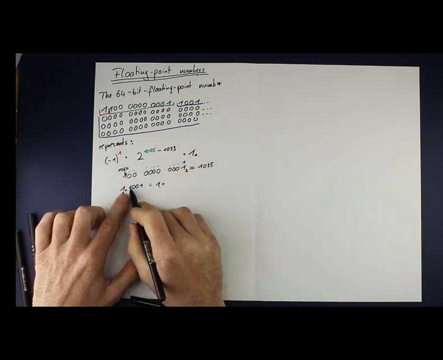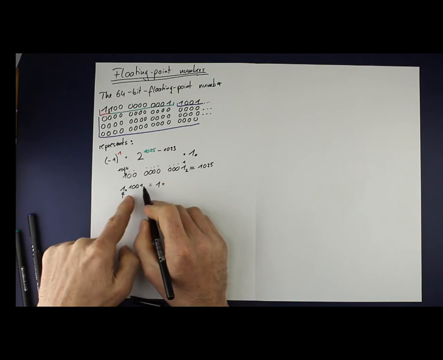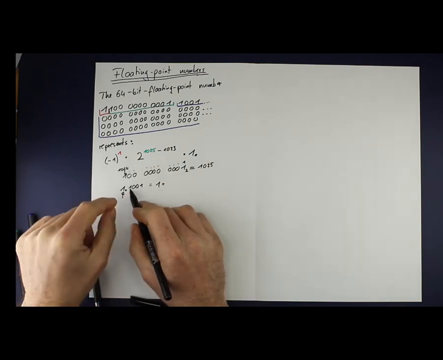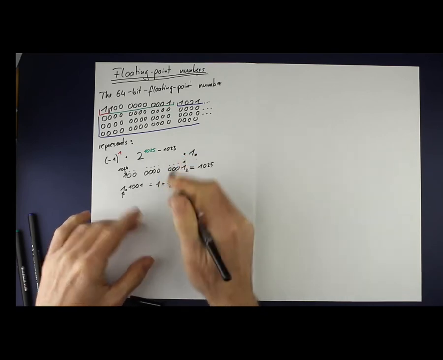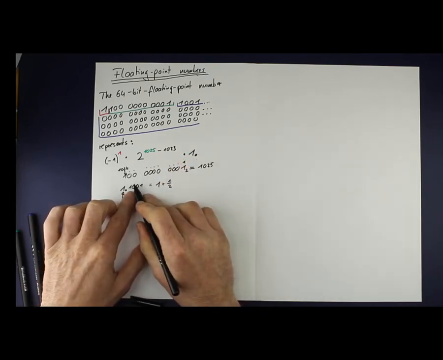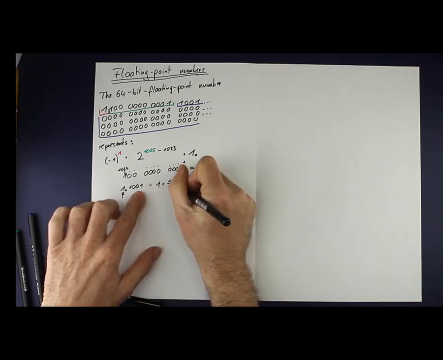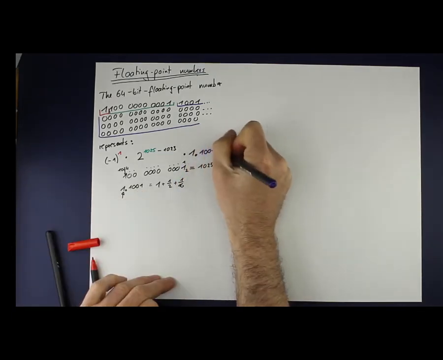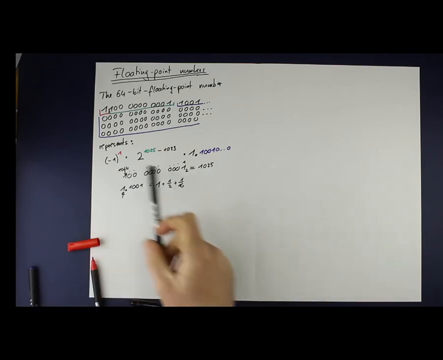If it was a decimal number, it was 1 times a tenth. But it's a dual number, so it's 1 times a half. So it's a half. Plus 0 times a quarter, plus 0 times 1/8, plus 1 times 1/16. And so in total, we have this number.